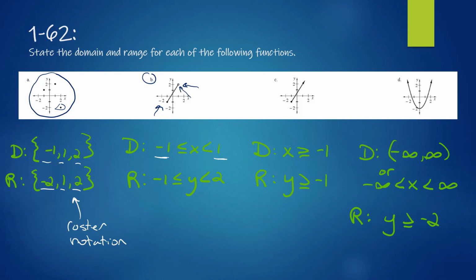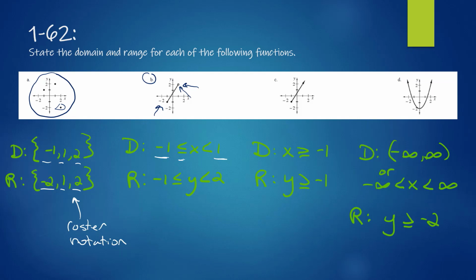I can only say x is less than 1, because 1 is not part of the set. Everything up to 1 is part of the set, but 1 is not. But on the other side, where x is greater than or equal to -1, the point there is solid. So I would put x is greater than or equal to -1.